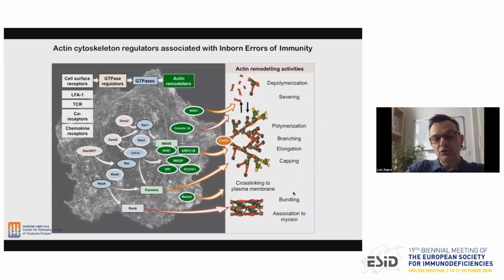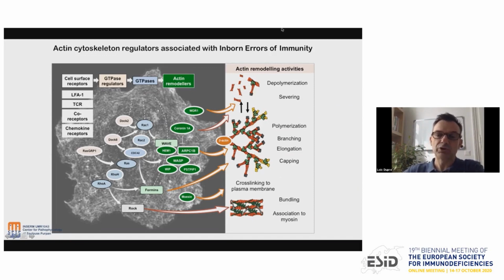So the control at the molecular level of this complex architecture of the cytoskeleton is starting from surface receptors. There is a cascade of molecular events involving GTPase regulators, GTPases, which then in turn activate actin remodelers.